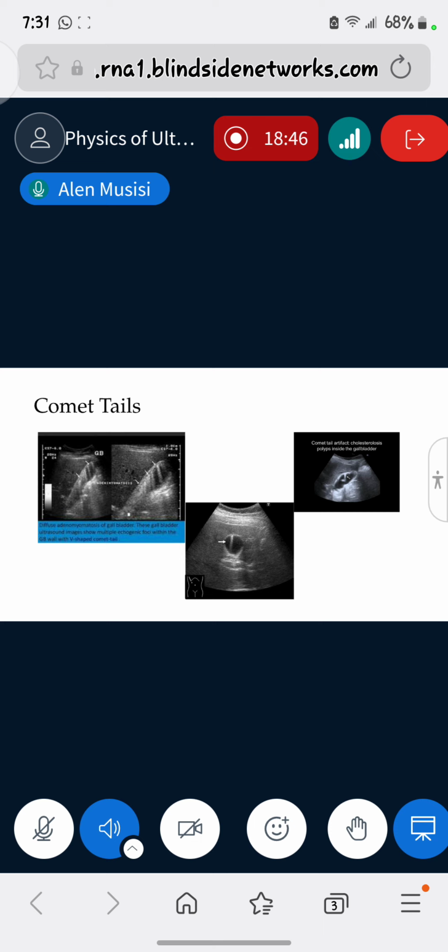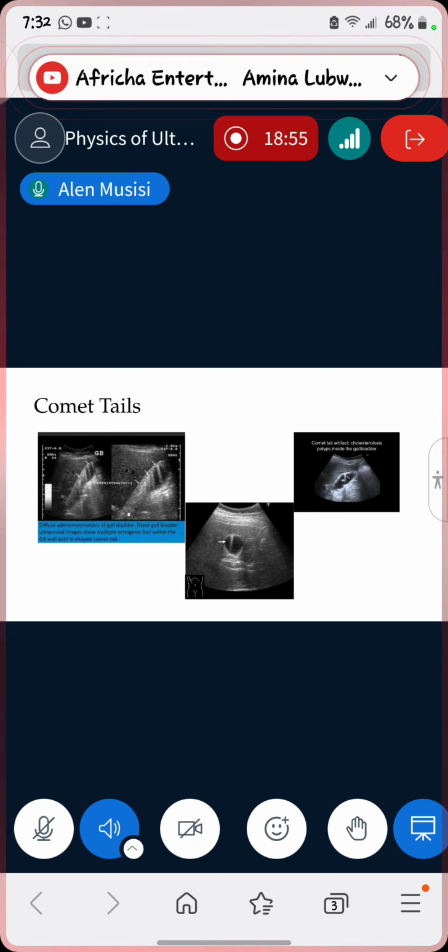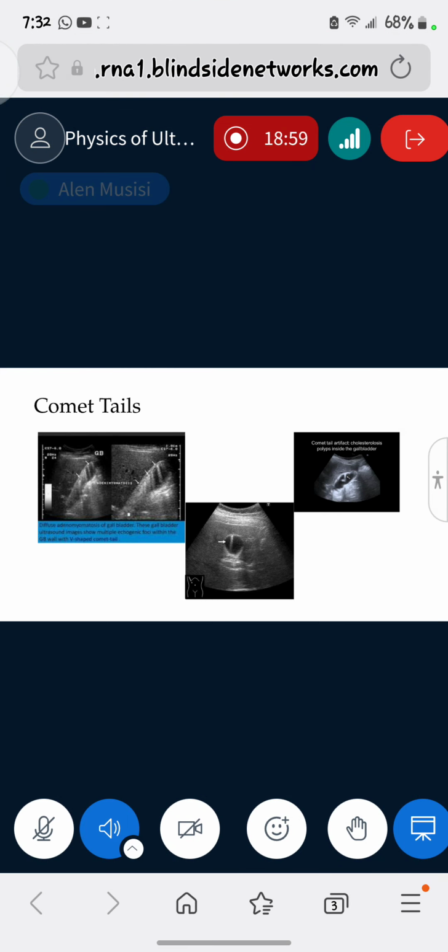It doesn't only happen in the bladder, but it can also happen somewhere else, so it could also be signifying something in other areas where it is formed. Okay, so that is a comet tail. It's a reverberation artifact, and it is a result of multiple reflections between small, highly reflecting structures which are very close together. So they form those comet tails.